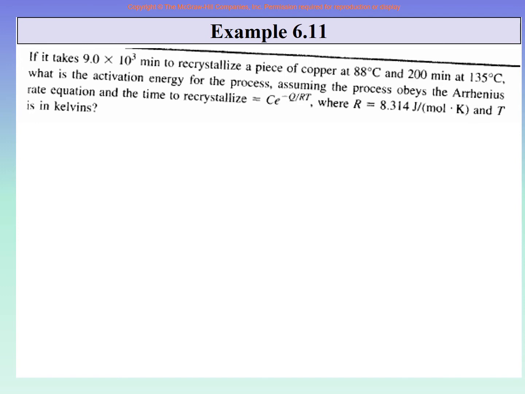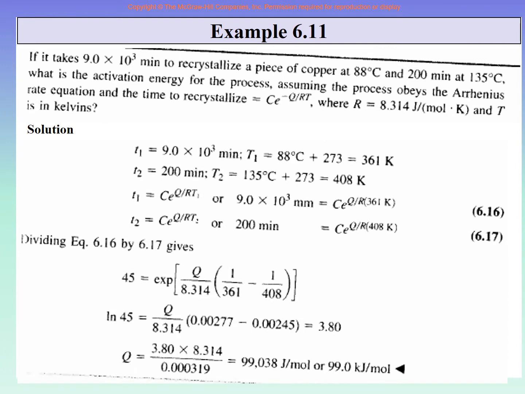Once you understand that this equation is given for the activation energy of recrystallization, I write this equation once for one time, then I write the same equation again for the second recrystallization time, and from there I solve them simultaneously and cancel out the C, and I solve only for Q, which is to be asked. So if you see here, this is what they are going to do.